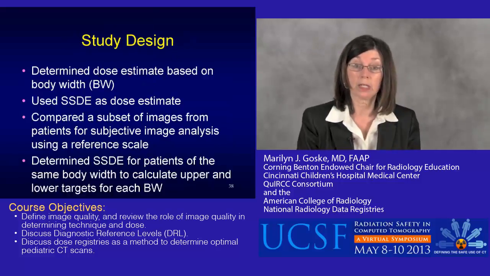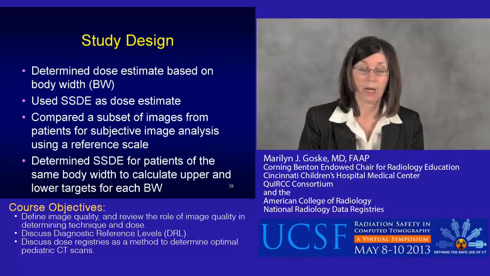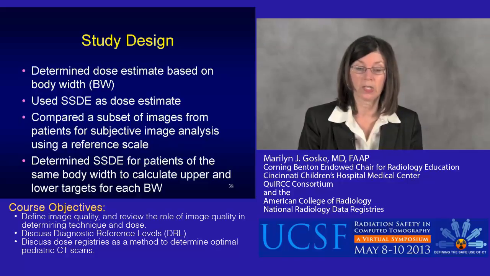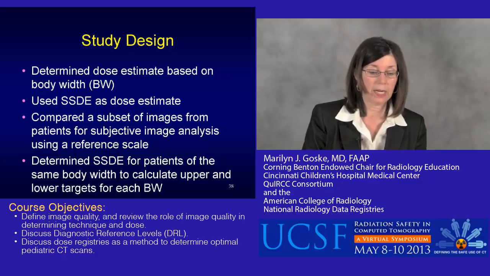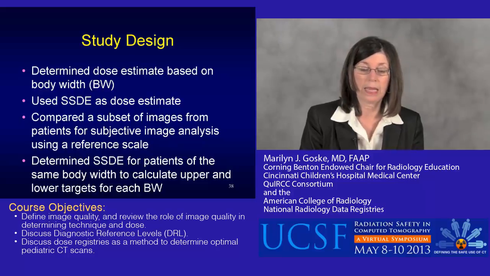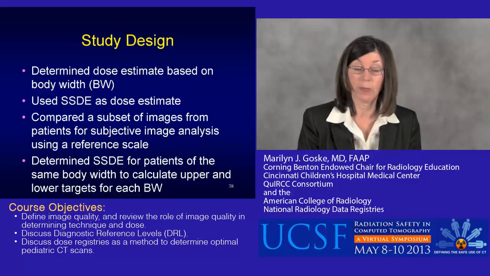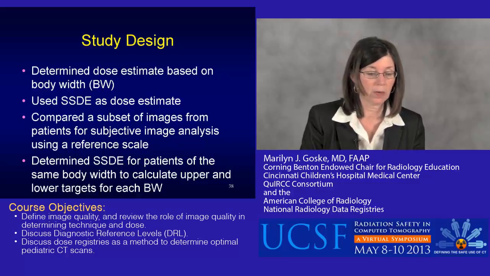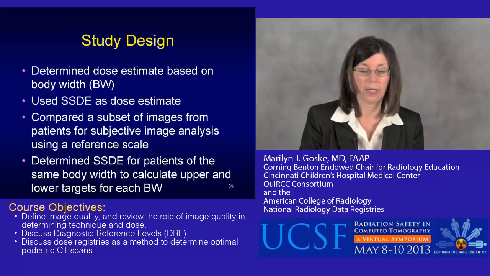This next slide talks about our study design. It was all based on body width, and we used SSDE as our dose estimate, and we compared a subset of images from patients to evaluate subjective image quality as determined by our 6 site investigators, and we determined the SSDE for patients of the same body width in 5 different categories to calculate the upper and lower target ranges for each of these body widths.